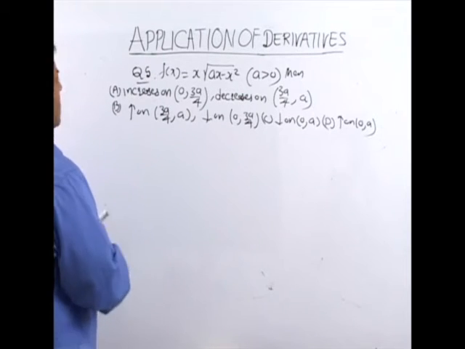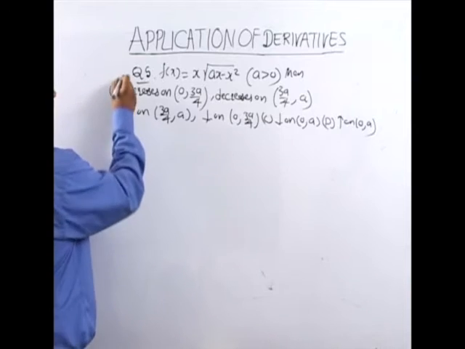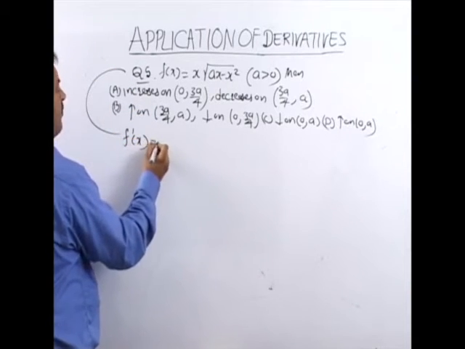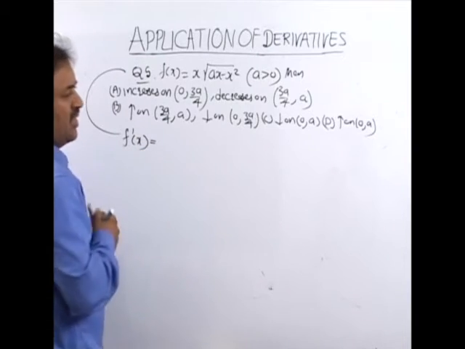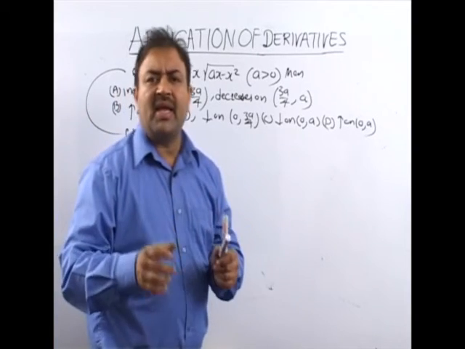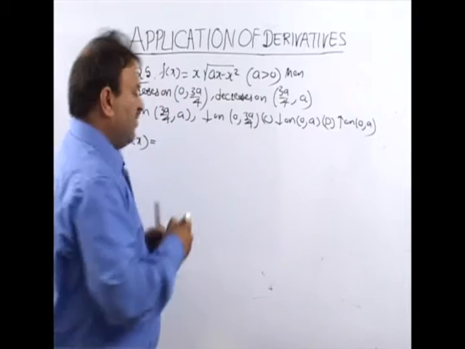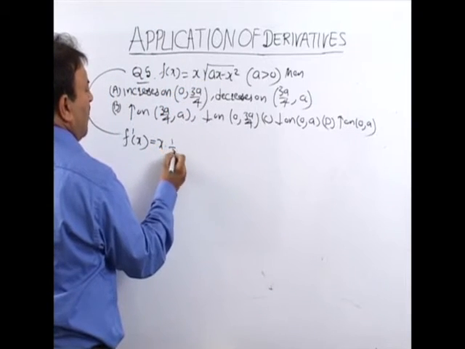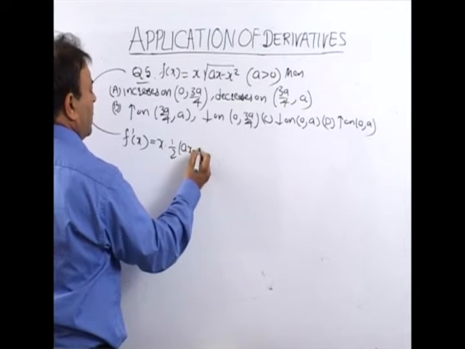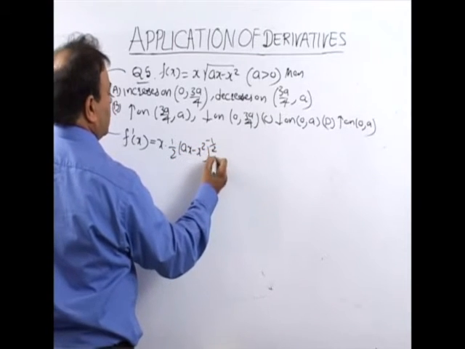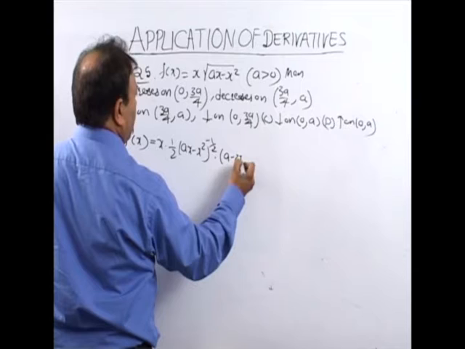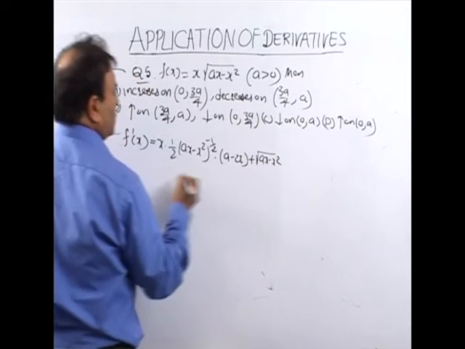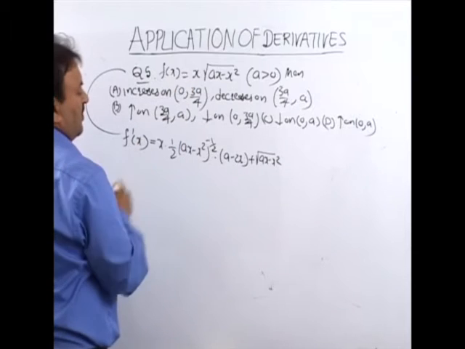Now f(x), this is question number 5, and we find out f dash x. f dash x में हम सबसे पहले क्या निकालेंगे? हम सबसे पहले निकालेंगे डेरिवेटिव। प्रोडक्ट रूल लगेगा यहाँ पे। It comes out to be x into half, ax minus x square to the power minus half, into a minus 2x, plus square root of ax minus x square into differentiation of x, which is 1.